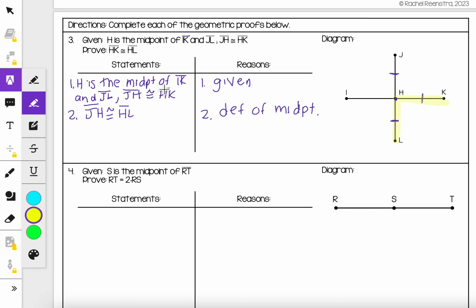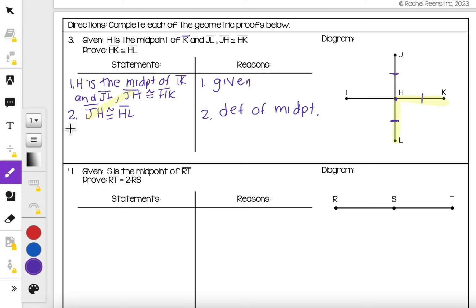So if HK is congruent to JH and JH is congruent to HL, you can think of that as cutting out that middleman there, and we can say that segment HK is congruent to segment HL by the transitive property. Okay?